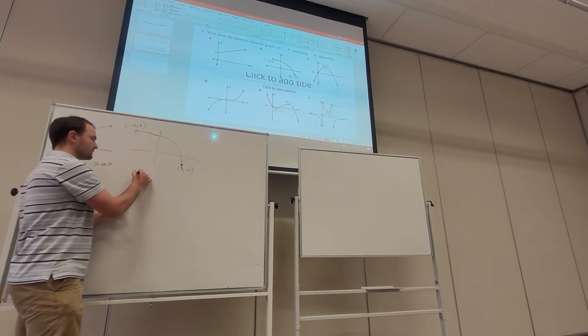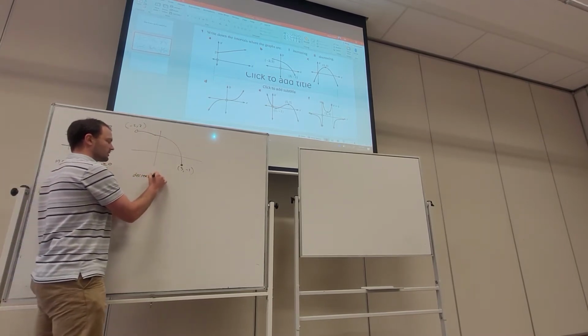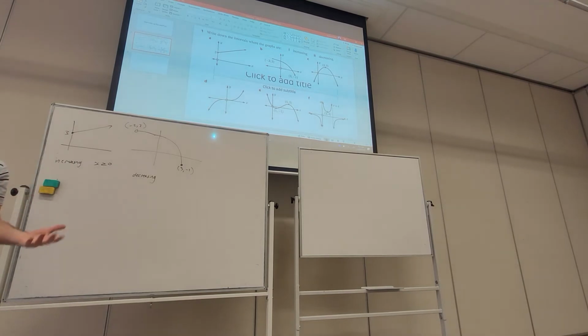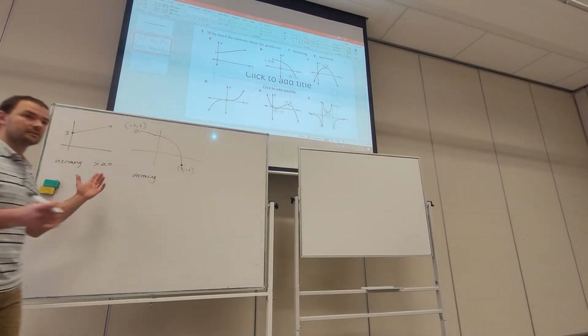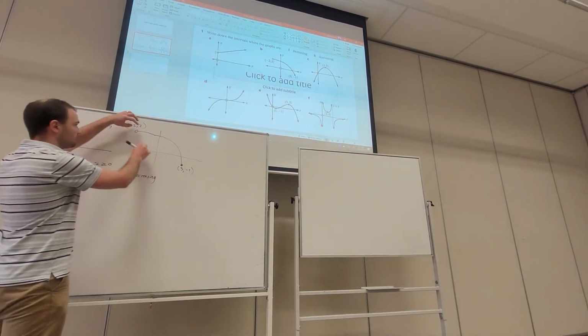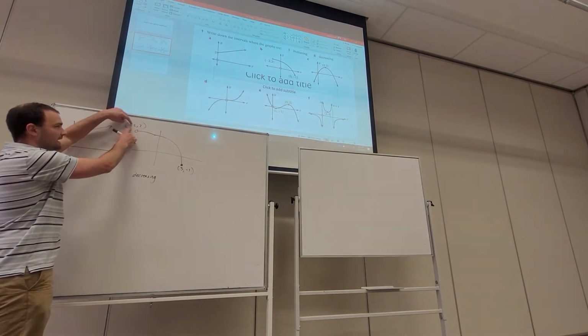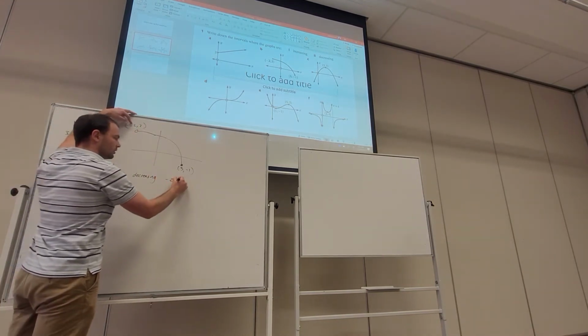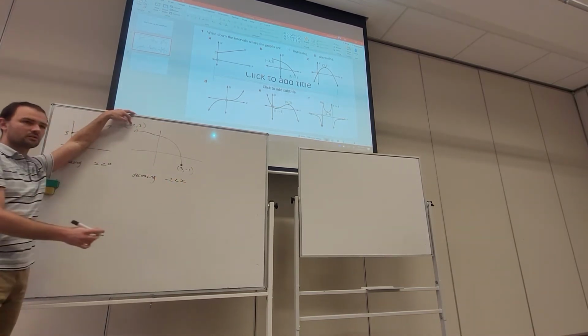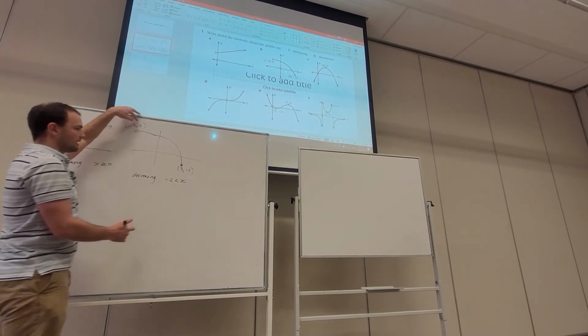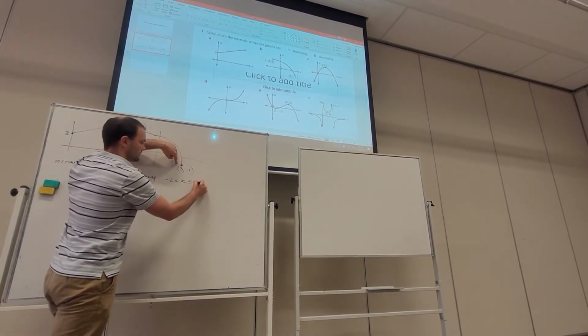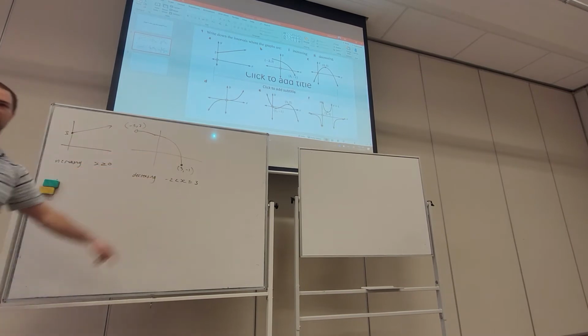And so this is going to be decreasing, and then we're just going to state the interval over which the function exists. So this is, again, going back to a little bit of domain range, it's decreasing from x is minus 2. We're not including that point, so I'm not going to underline it. And then all the way up to positive 3, and we are including that point. It's decreasing over the whole interval of the function.